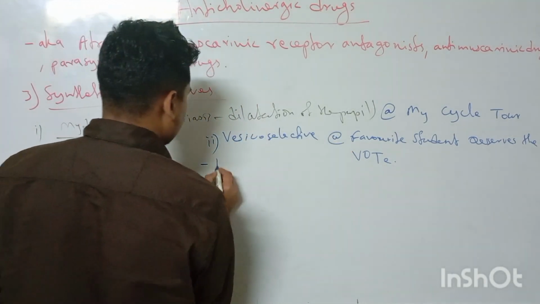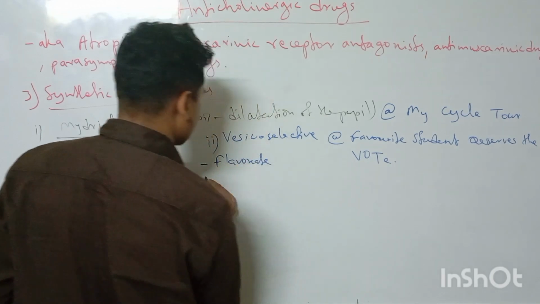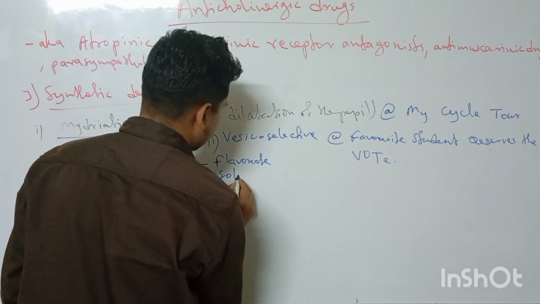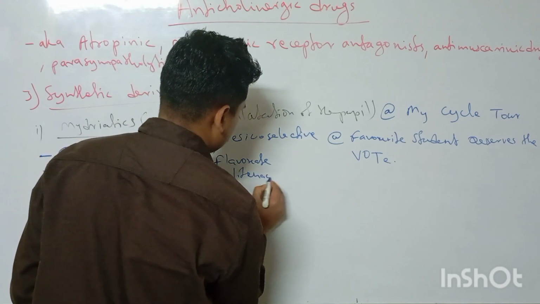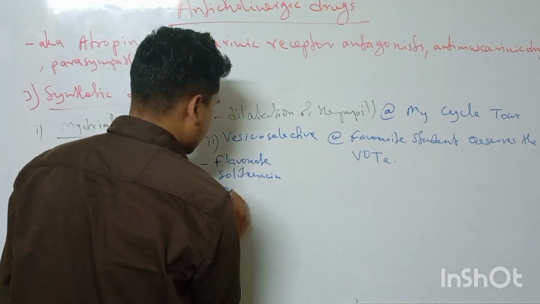So here F will stand for flavoxate, S will stand for solifenacin, and D will stand for darifenacin.